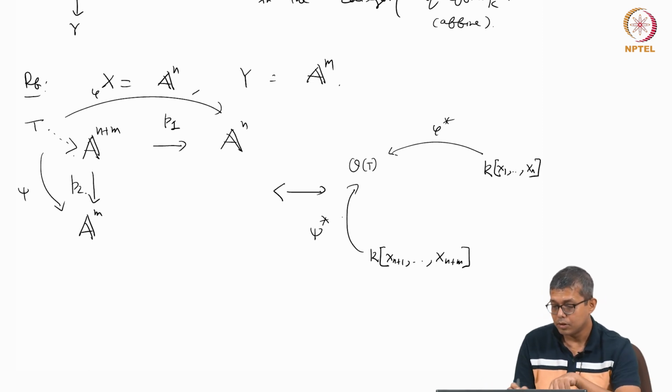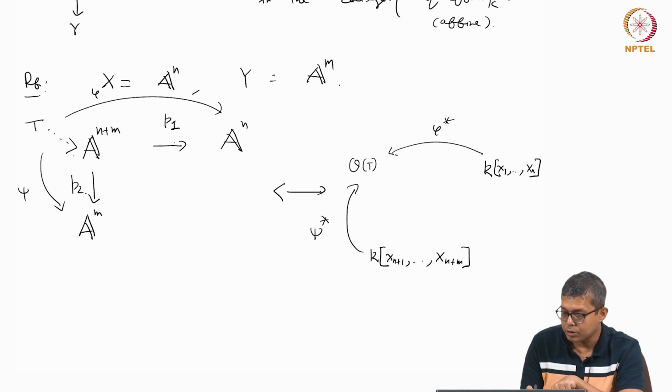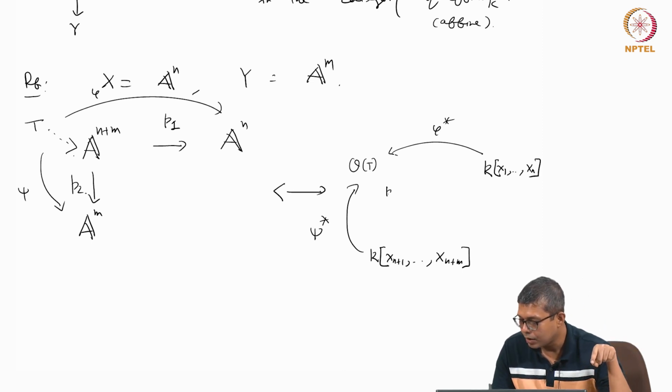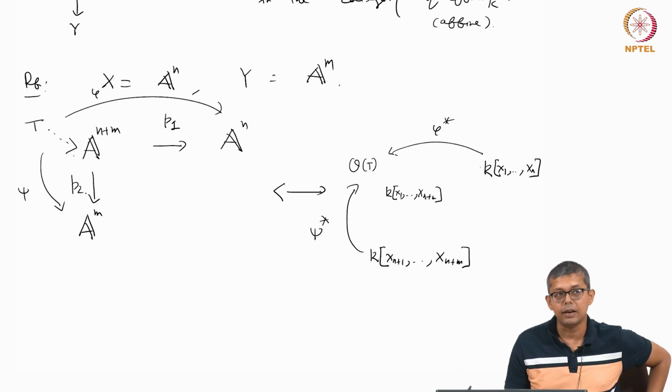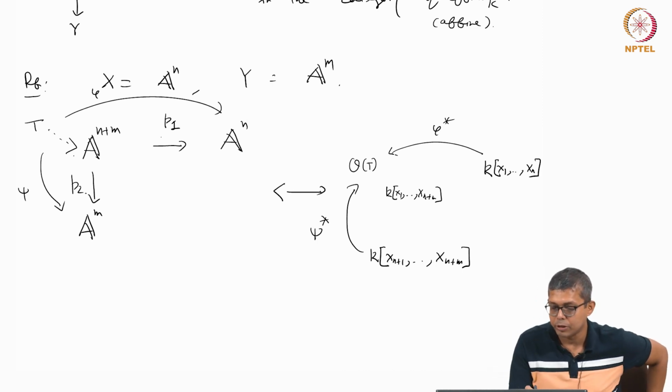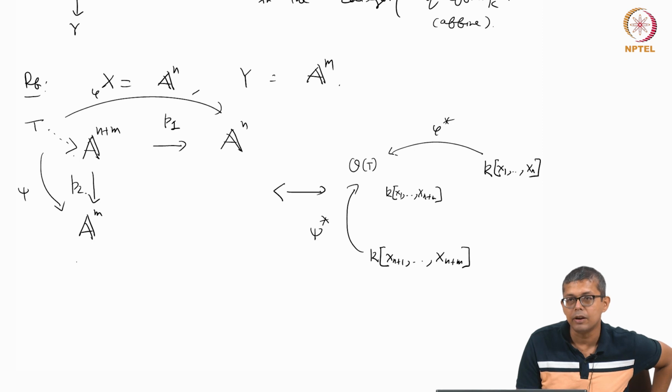Now this is P1, and this is K[x1, ..., xn+m]. These are finitely generated algebras. So this co-product exists. The projection maps P1 and P2 are the standard projection maps.